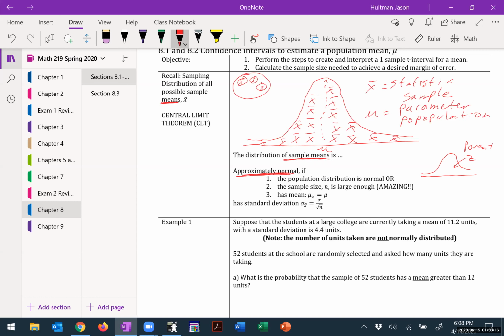Or the sample size n is large enough. And usually that's n greater than or equal to 30. If I take at least 30 samples, then it's going to have a normal distribution, or approximately normal if I take more than 30.